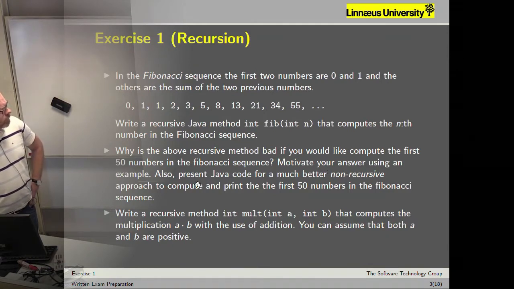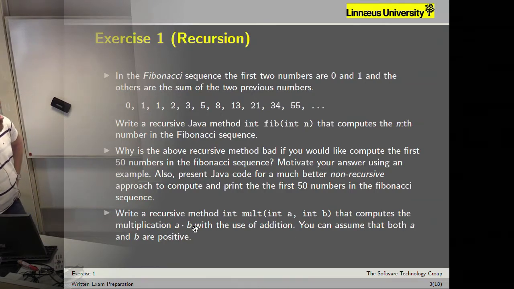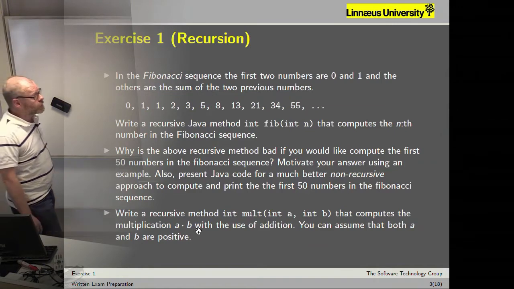Motivate your answer. Also present Java code for a much better non-recursive approach to compute and print the first 50 numbers. Something like this. Also, finally, a simple exercise about recursion. Write a recursive method multiply(int a, int b) that computes the multiplication of a and b using repeated additions.